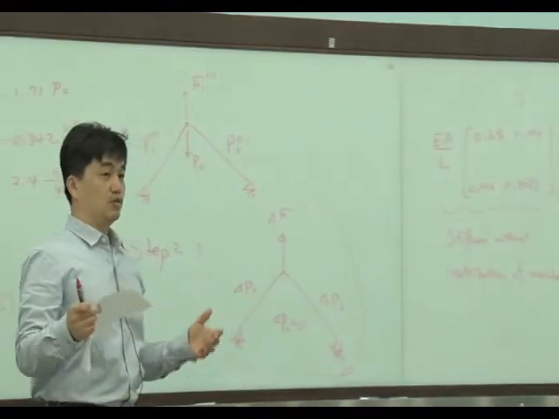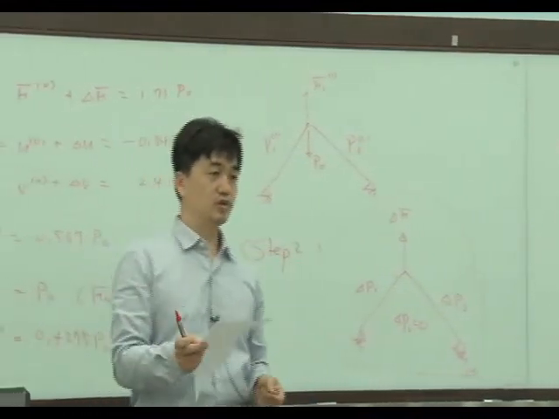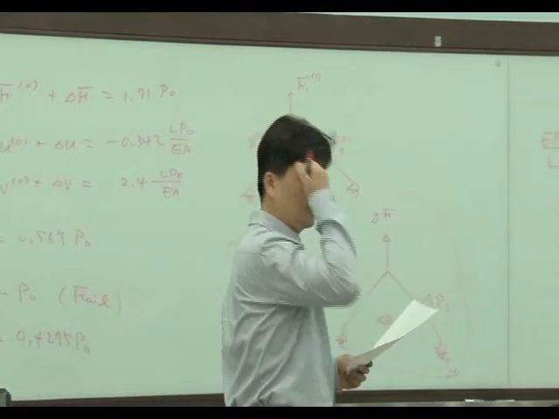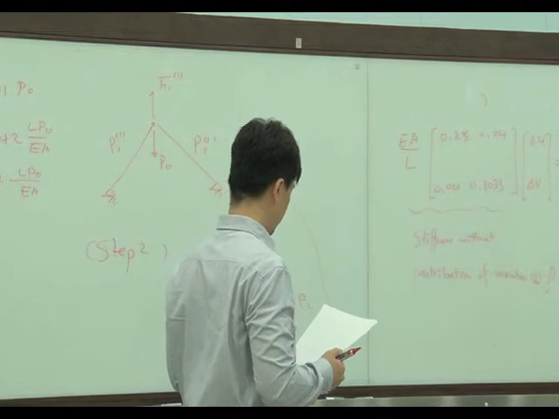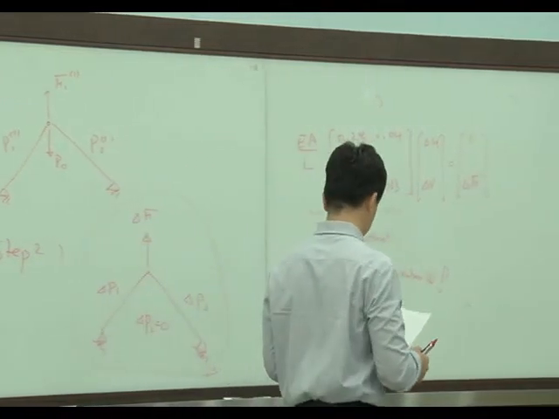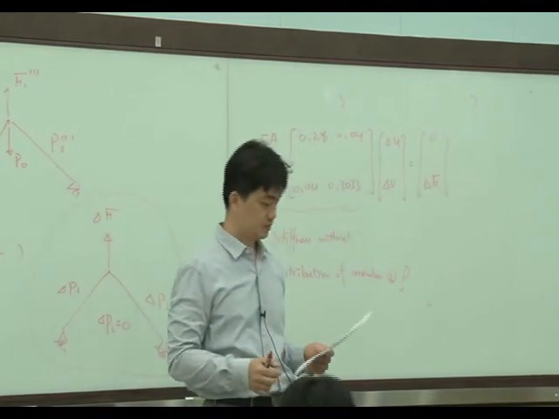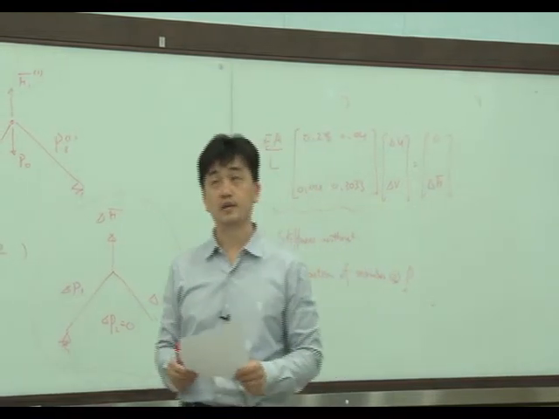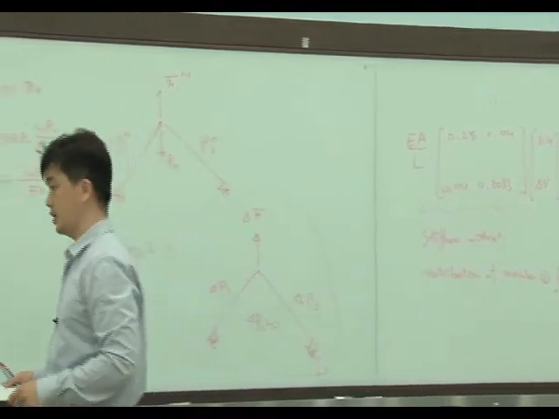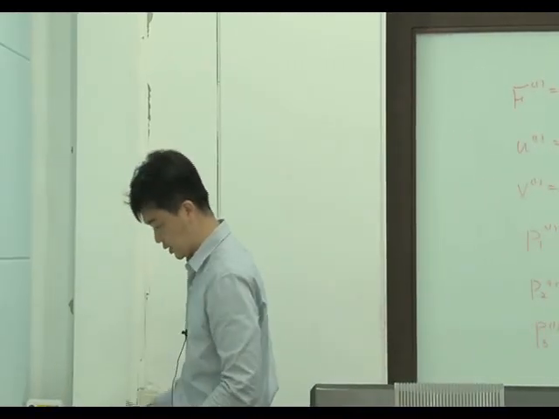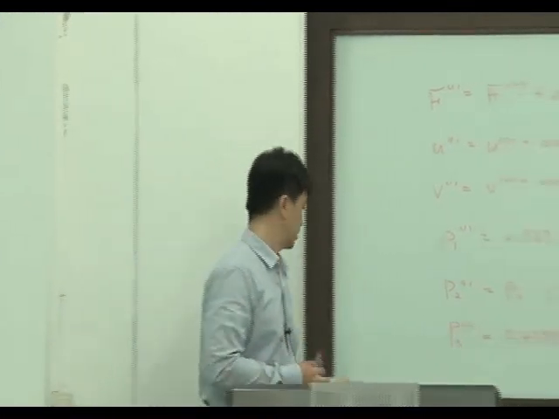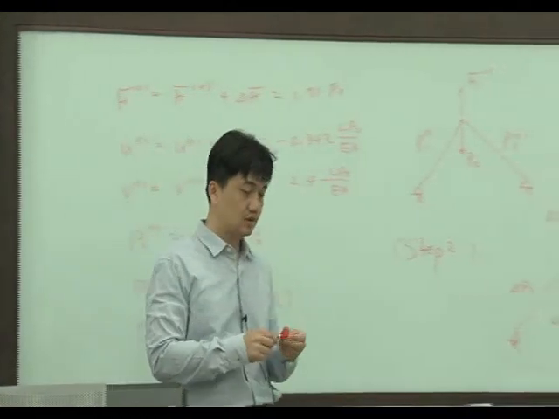You can think we lose member 2. Actually, I need to continue this analysis in the next class. Okay, so I'd like to summarize. Any questions?